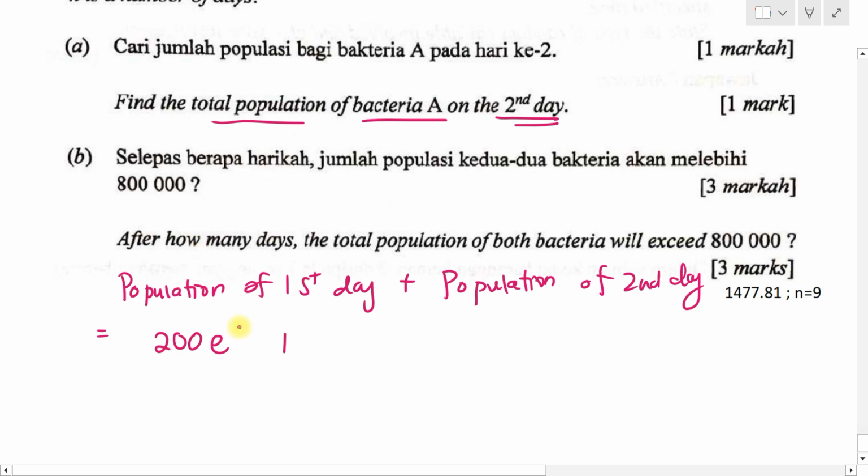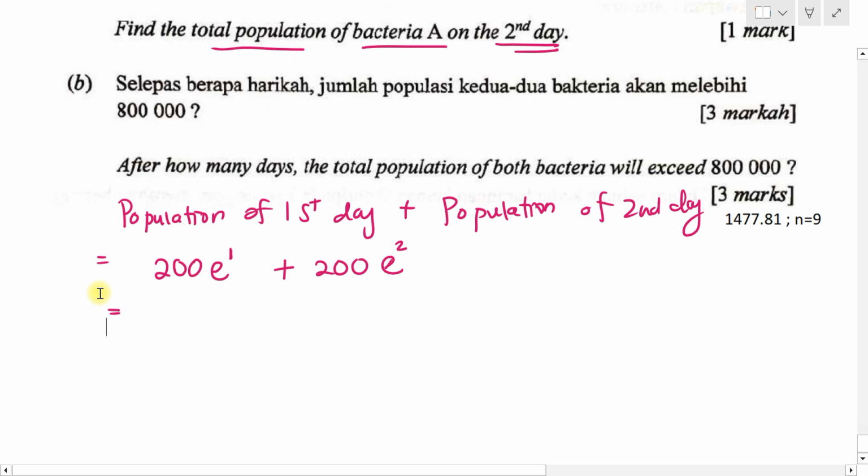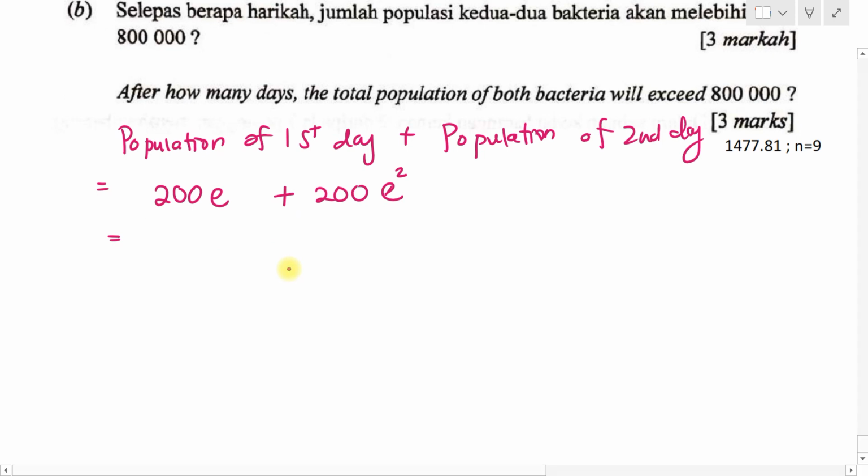N is day 1, plus 200 e for day number 2, so n equals 2. Substitute it. E power 1, no need to put power 1. So you can just key in your calculator because we are only interested in the final answer. You no need to factorize all these things. Shift ln to get exponent e: e power 1 plus 200 e power 2.